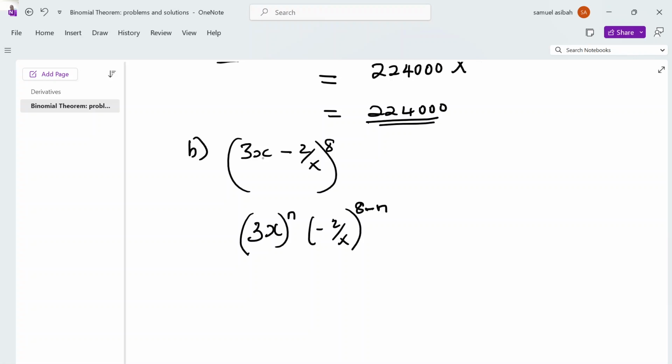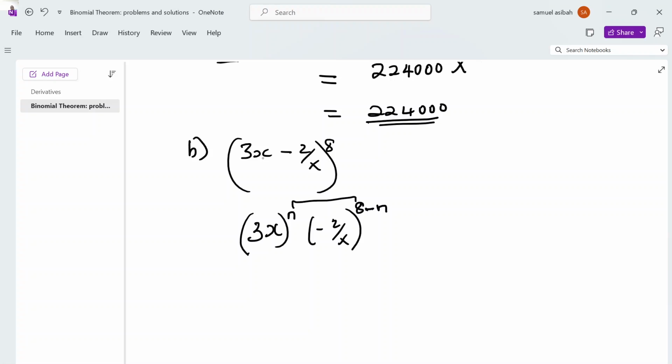When we subtract these powers, we must get 0, so that this x and this x dissolve themselves. So we need to get the value of n so that we can easily get the coefficient. Step number 1, get the value of n.